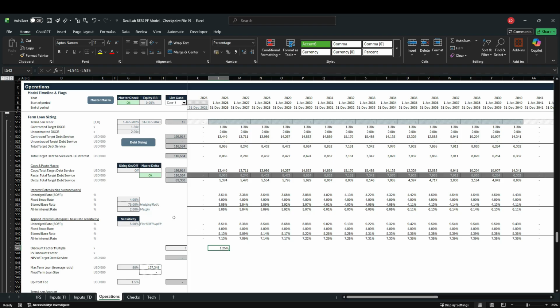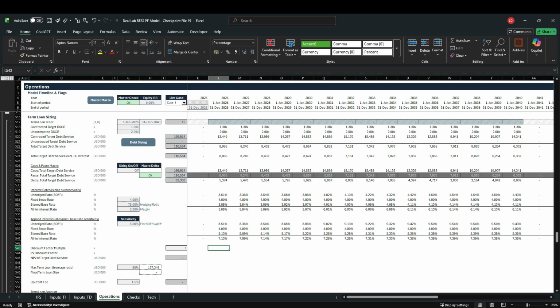That is because we have a 75% hedging ratio, which means that if our floating rate increases by 5%, the SPV will only feel that effect on 25% of the outstanding notional. So that's the beauty of hedging. If interest rates were to run away, 75% of our total debt notional would be protected by our swap. So let's delete this one for now.